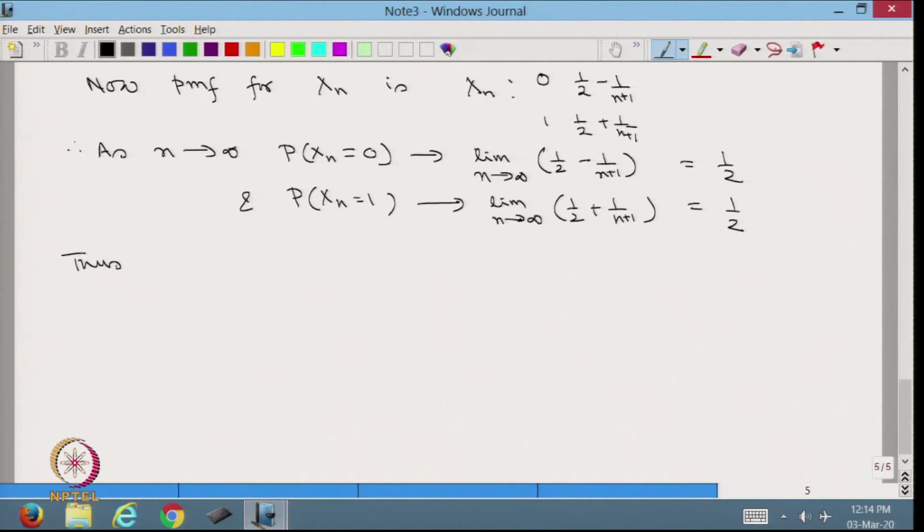Thus, limit n going to infinity of x n is a Bernoulli random variable with parameter equal to half.